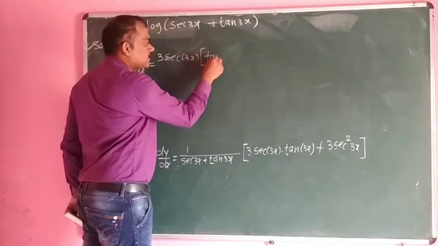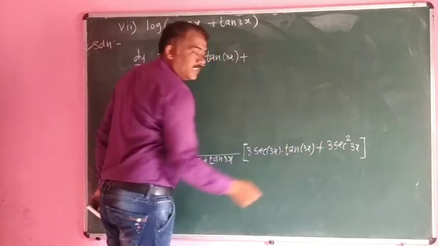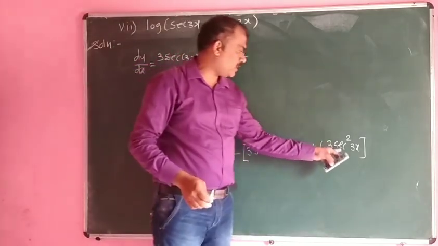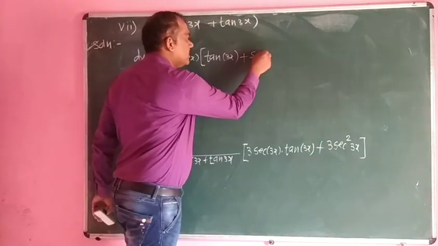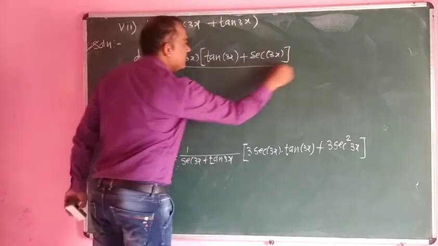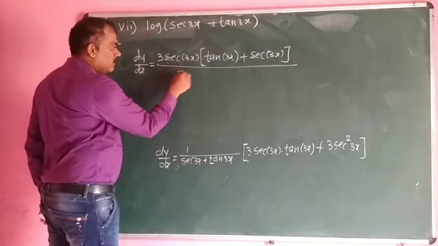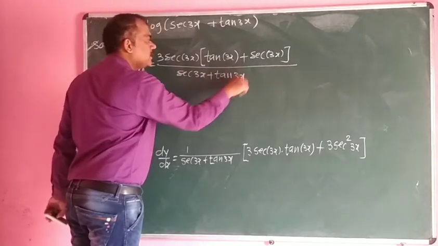Tan 3x plus 3, we already took the common from that sec square 3x, one sec 3x is taken common, so remaining only one sec 3x, divided by sec 3x plus tan 3x.